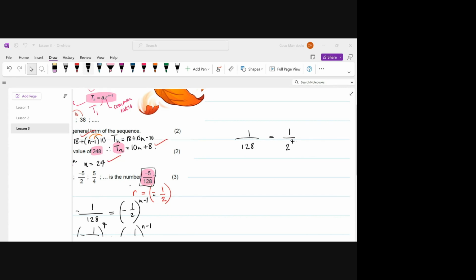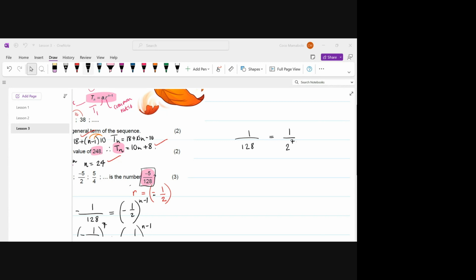Now, I want to take out a common exponent that 1 and 2 would have in common. What exponent do I want my 1 to have so that I can take out a common exponent?